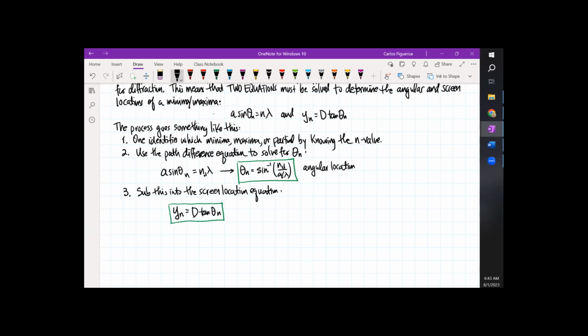So what we're going to do here is that we're going to look at some examples, where we take two different processes to calculate.